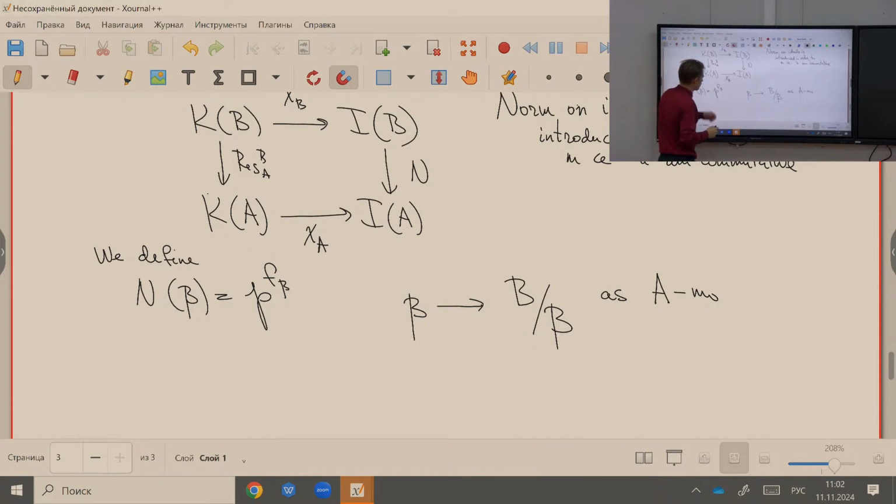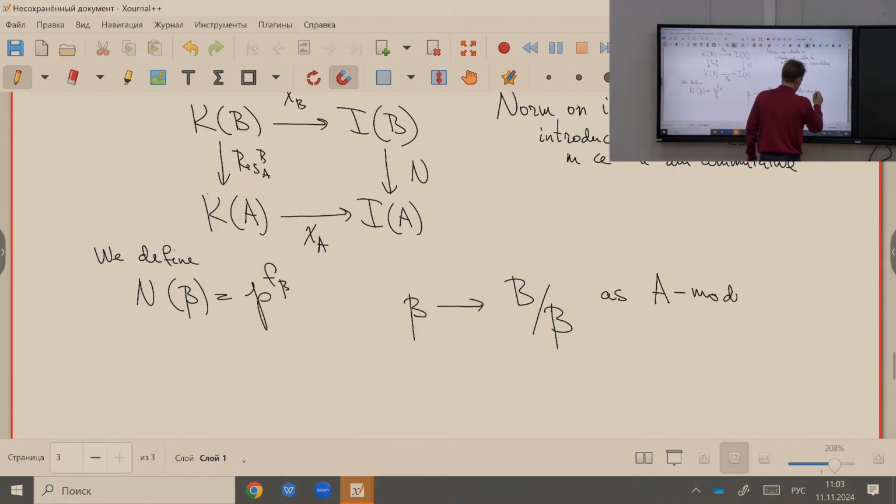Of course, I'll notice that you can consider beta as a module, but it is not convenient because it is too big. I mean, it is an ideal, so it is not clear how you decompose it. But noticing that beta maps to 0, we can consider B mod beta as a module.